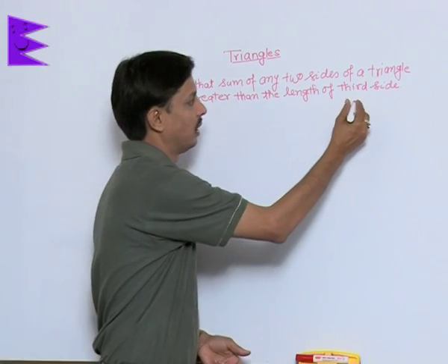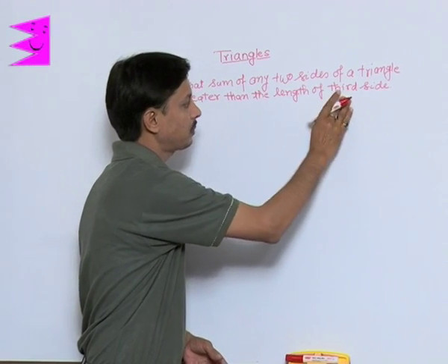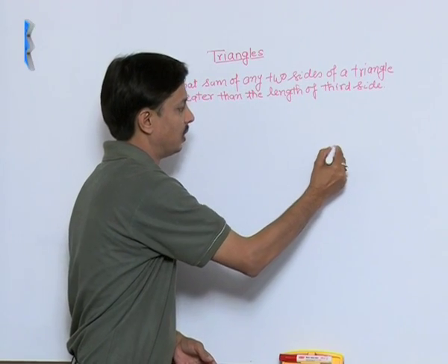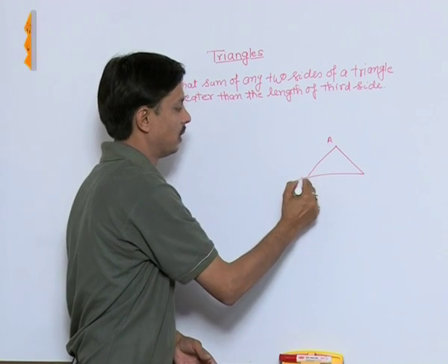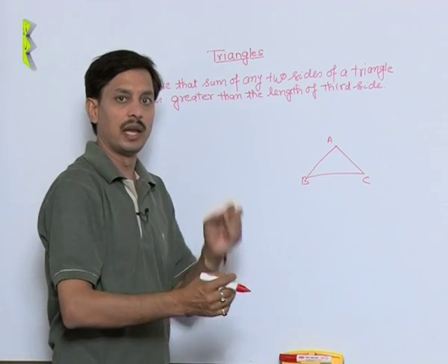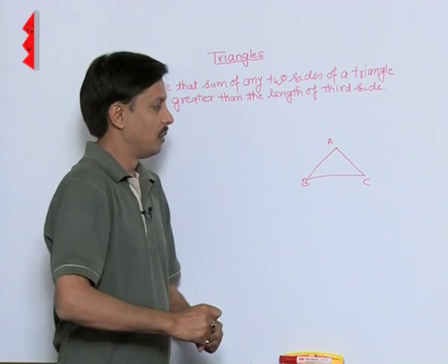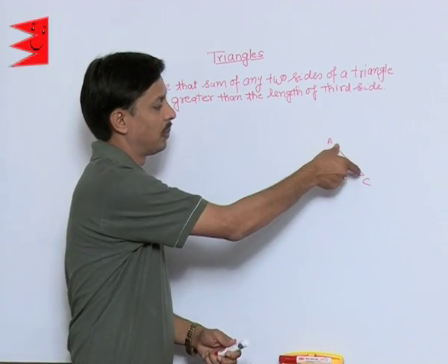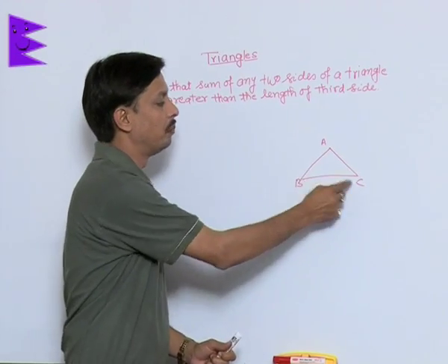That is, suppose there is a triangle, labeled as ABC. Then we prove that the sum of any two sides, the sum of AB plus AC, has to be greater than BC.